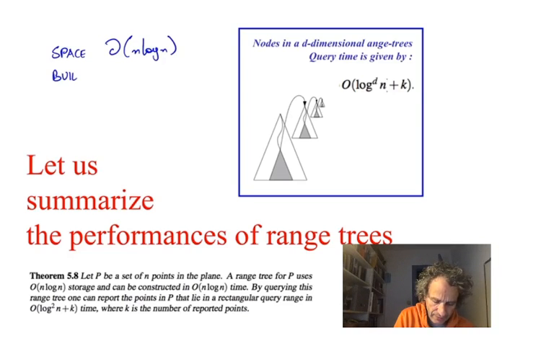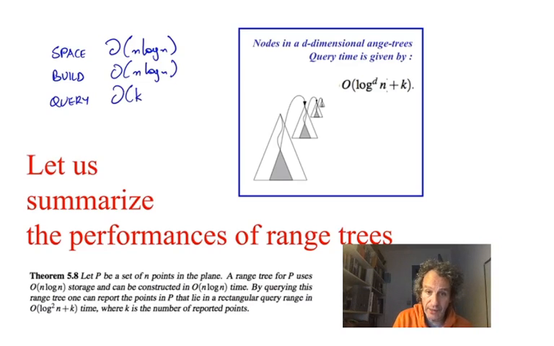Building will be O of n log n also, and the query will now be O of k plus log squared n. That is the range tree.